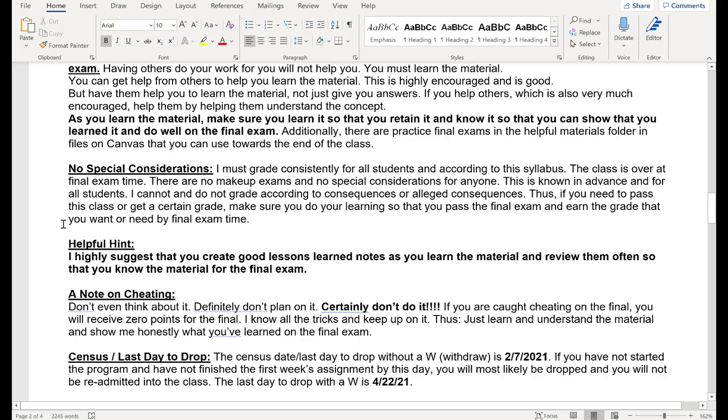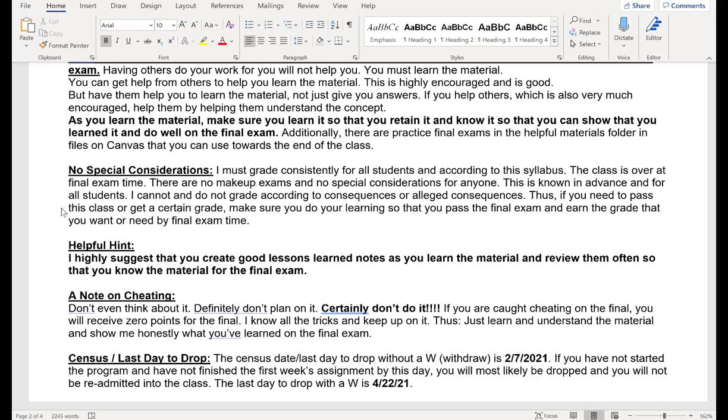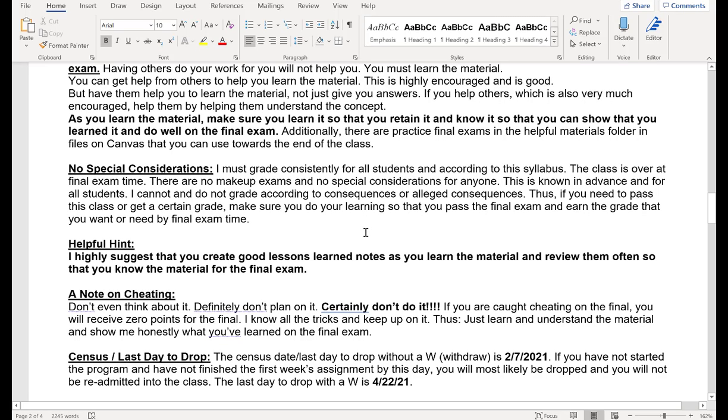Now, no special considerations. I must grade according to the syllabus and consistently for all students over semesters. There are no makeup exams and no special considerations for anyone. This is known in advance. I do not grade and cannot grade according to consequences or alleged consequences. Thus, if you need to pass or do well in this class, you have to do it during the semester, which means now.